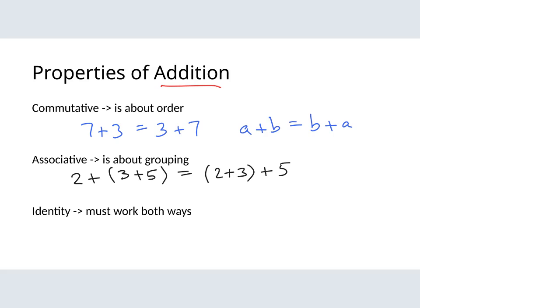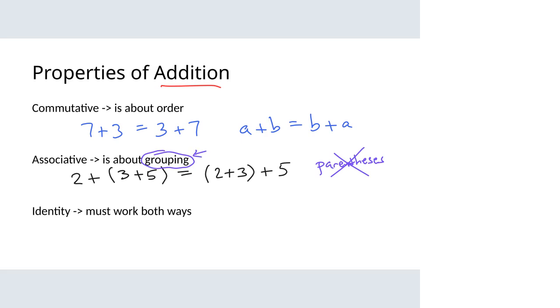Really important note here about the associative property. The associative property is about grouping. It's not about parentheses. Parentheses are involved, but it's not about the fact that there are parentheses in there. It's which numbers have been grouped together. On the left-hand side, the 3 and the 5 have been grouped together. On the right-hand side, the 2 and the 3 have been grouped together.